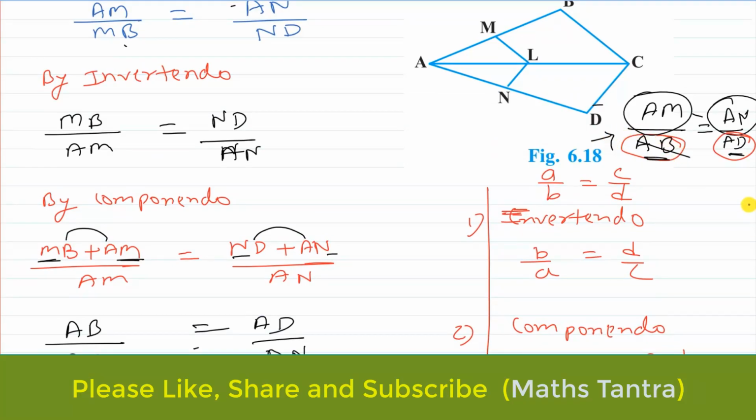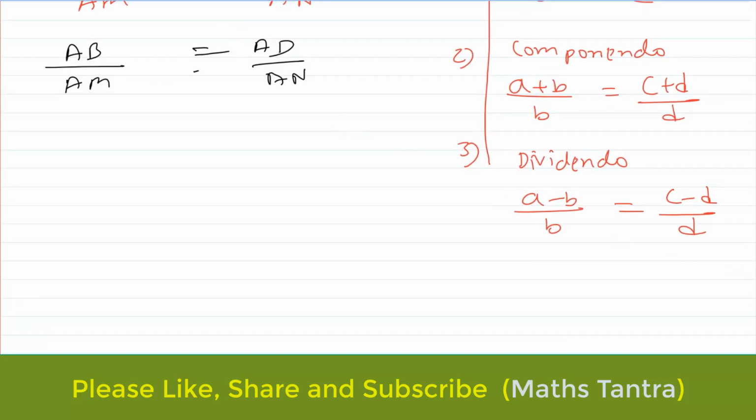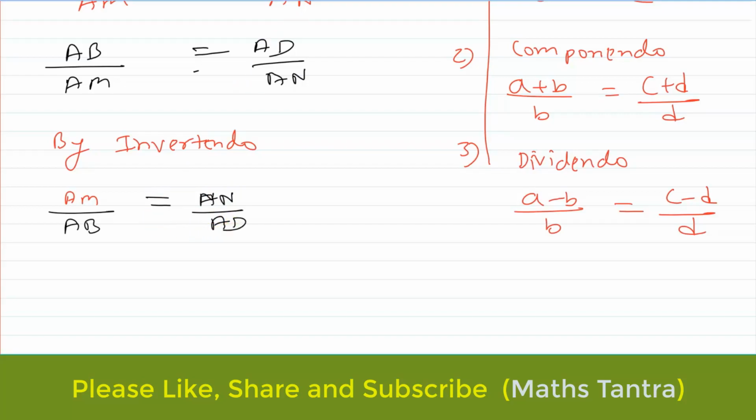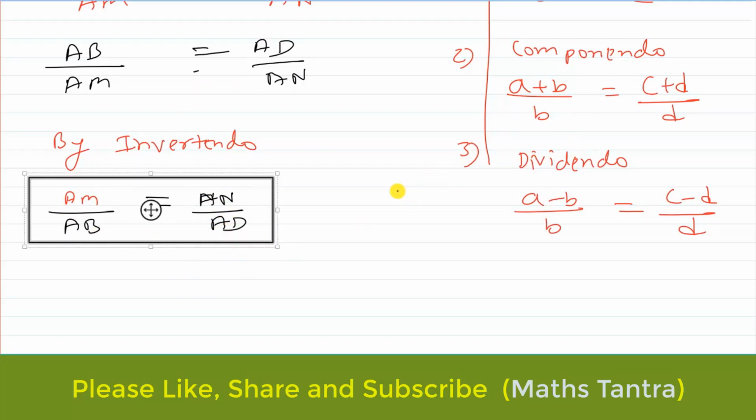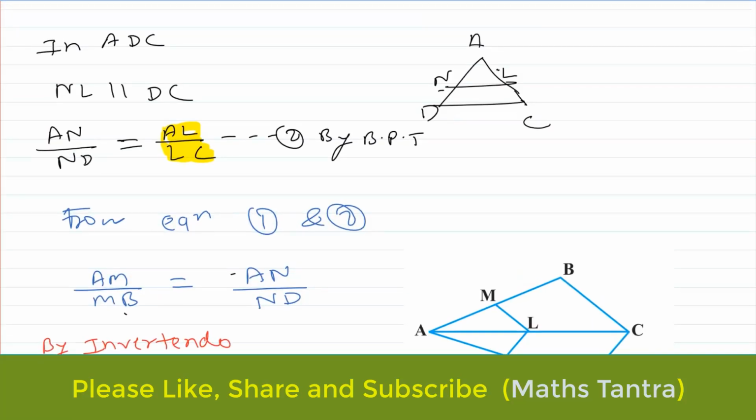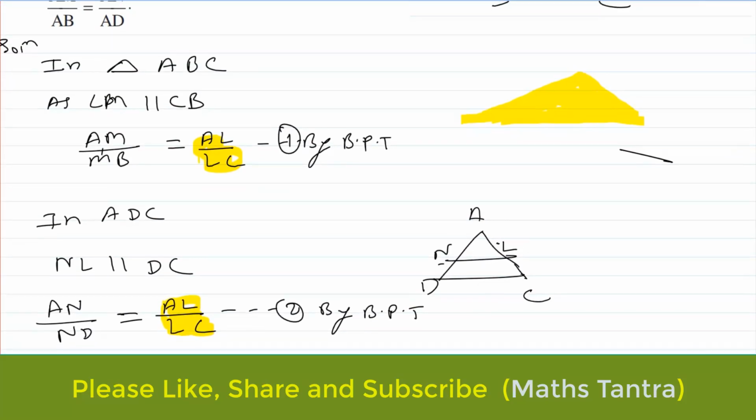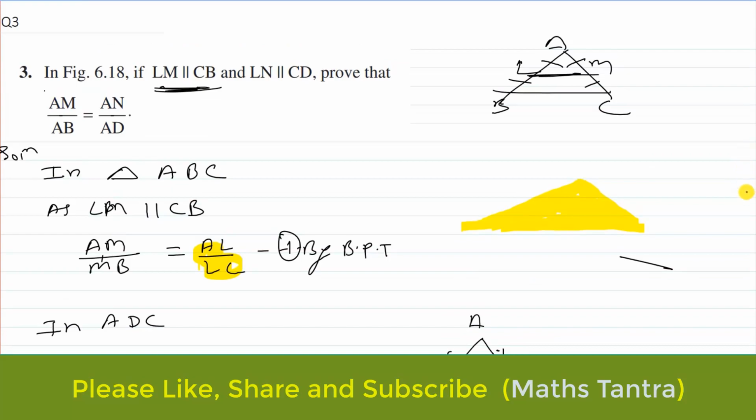Now again perform the invertendo to get this. Again by invertendo, AM upon AB will be equals to AN upon AD. Very simple question. Just you need to know the BPT and how to apply it, and that will come by practice also. Okay, if any doubts you can ask me.